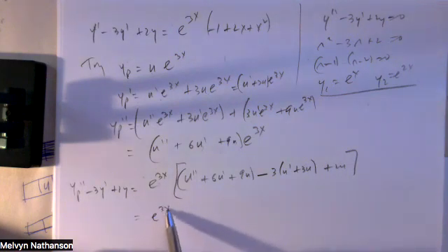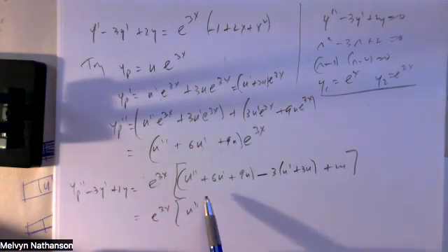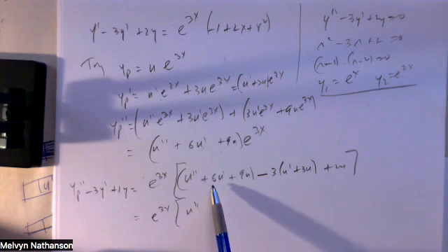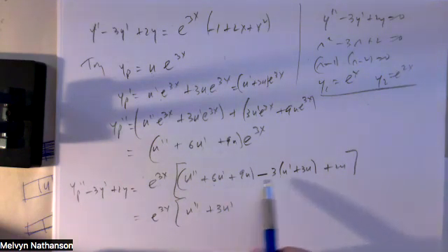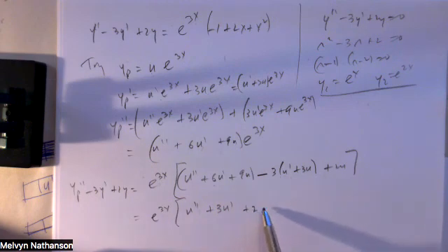So this is e to the 3x times u double prime, I have 6u prime minus 3u prime minus 3u prime, plus 9 minus 9 plus 2, 2u.